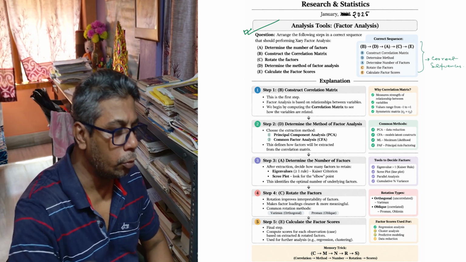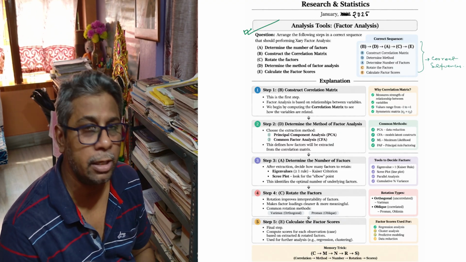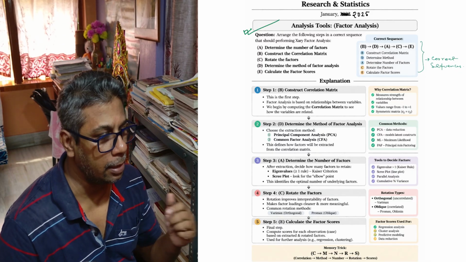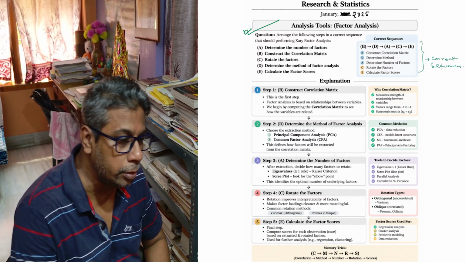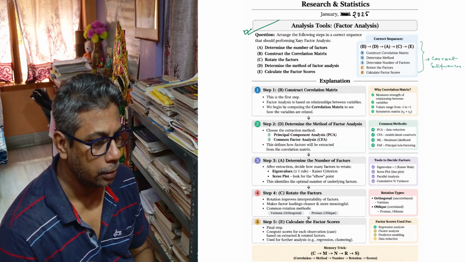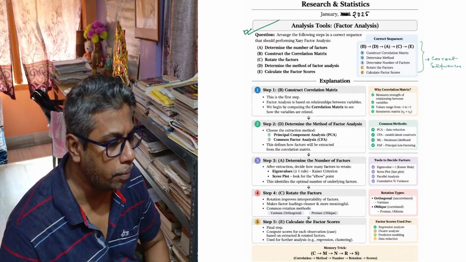Next, step 4, rotate the factor. The rotation improves the interpretability of factors. Under this step, you have to remember the rotation types: orthogonal rotation, uncorrelated, varimax; and oblique rotation, correlated, promax.